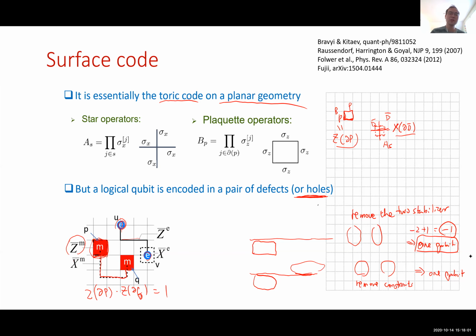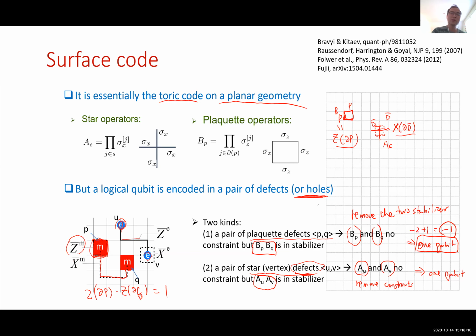So in the case of the charge defect, these are not enforced. These are not enforced. So I'm going to take this, because this operator and these two operators all commute with all the stabilizers, and they anti-commute with each other.